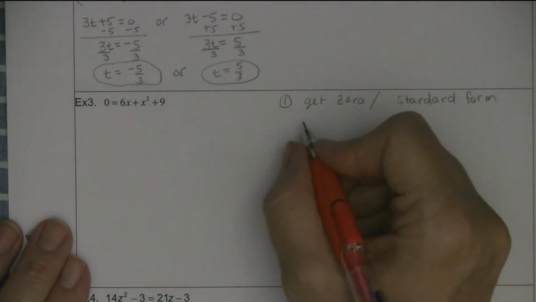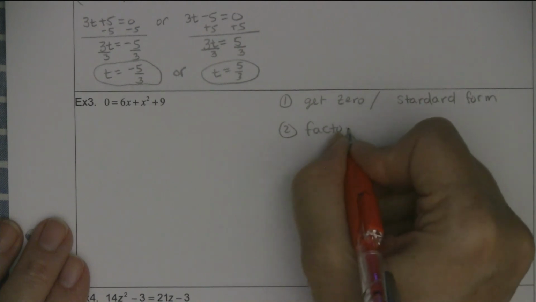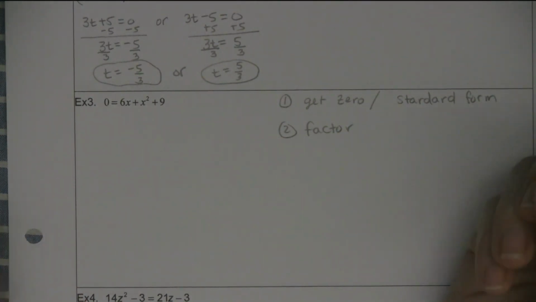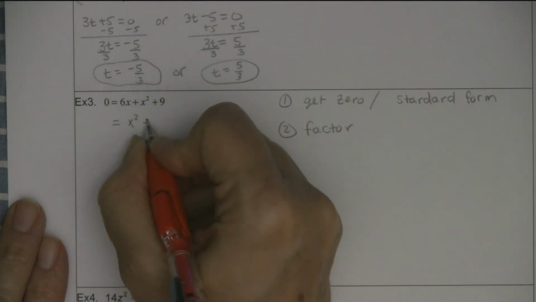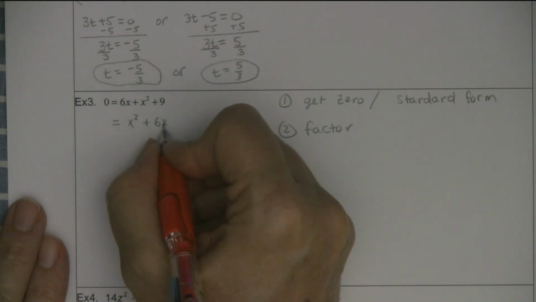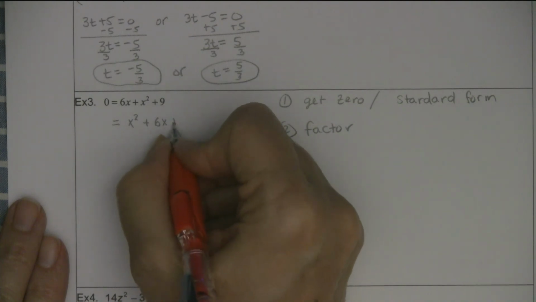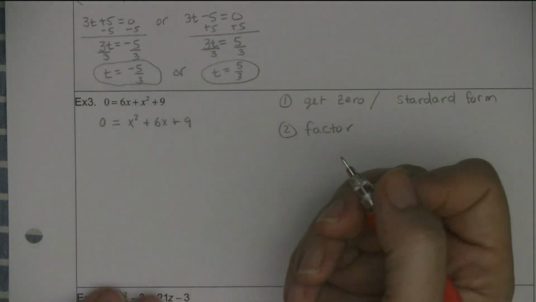So I don't care if you say, when you get here to factoring, in order to factor it I got to get it in descending order. It doesn't matter to me. Standard form is descending order. You put it in order by the largest: x, degree 2, x, degree 1, plus 9, this is degree 0. And then you factor it.